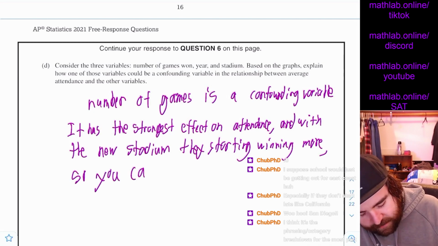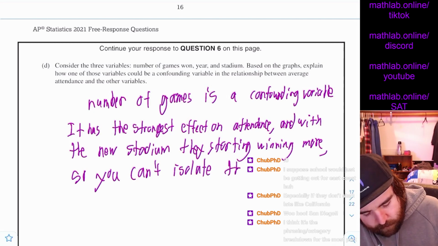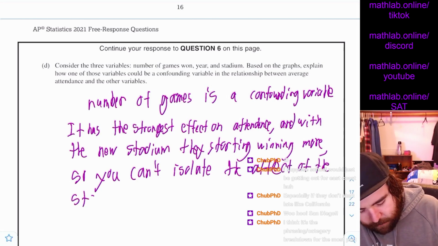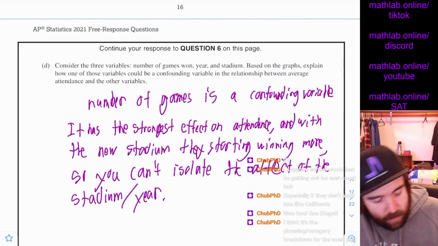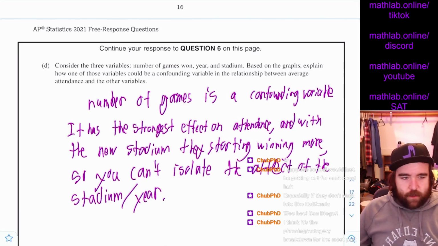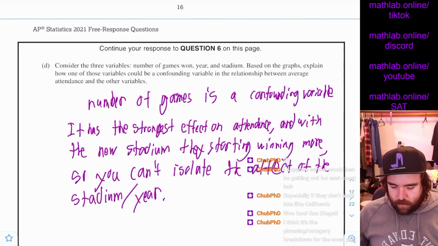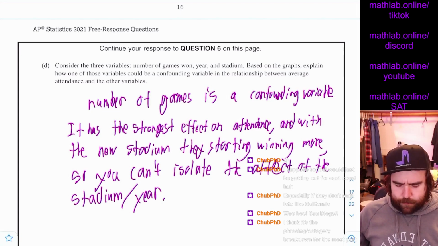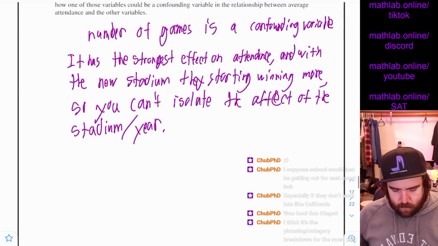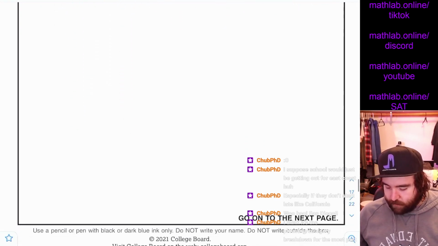So you can't isolate the effects of the stadium/year. I think that's pretty much it. Because stadium and year are the same thing, because they got a new stadium like when the year happened. All right. I like it. Let's move on.